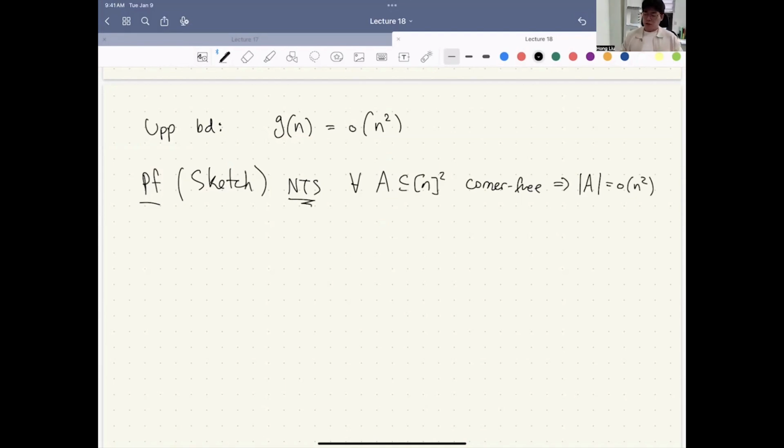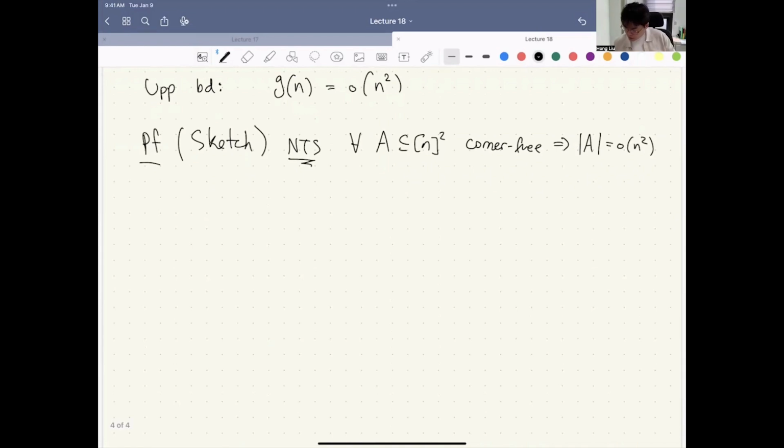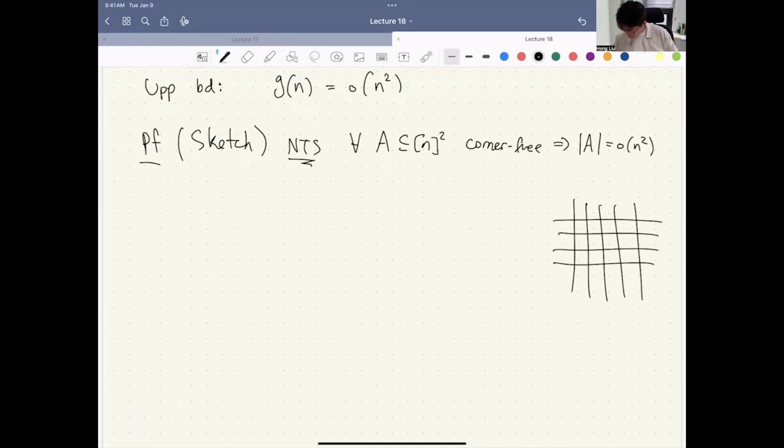Let's construct the auxiliary tripartite graph. So we have A. Let me draw this A. You have A somewhere.